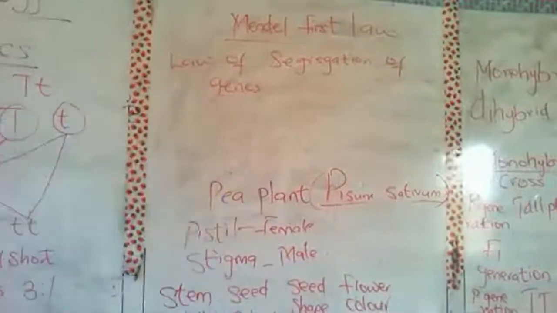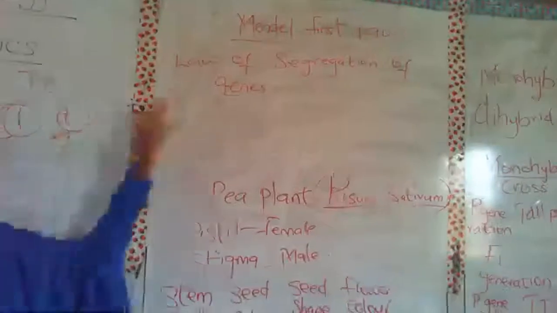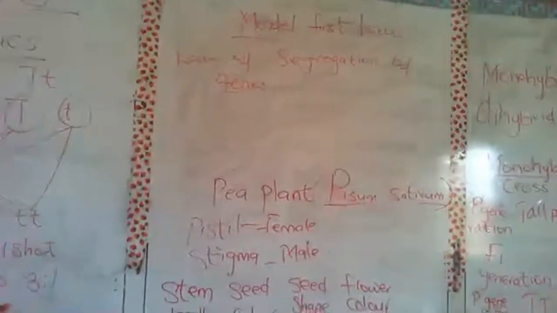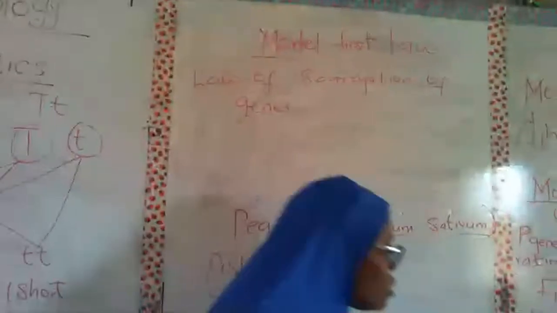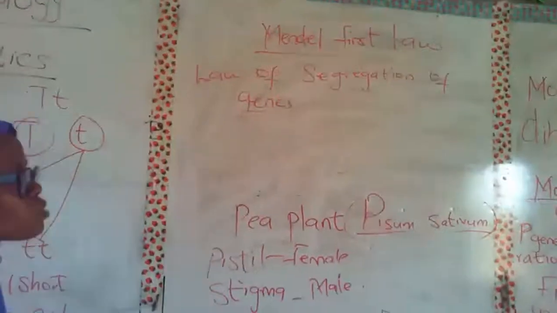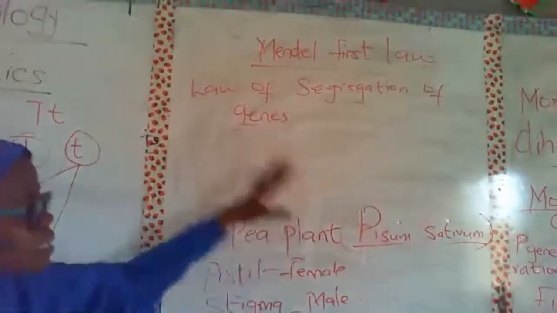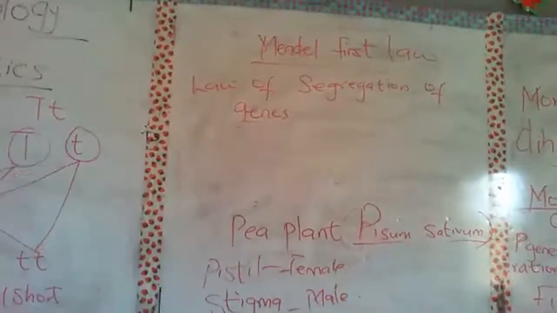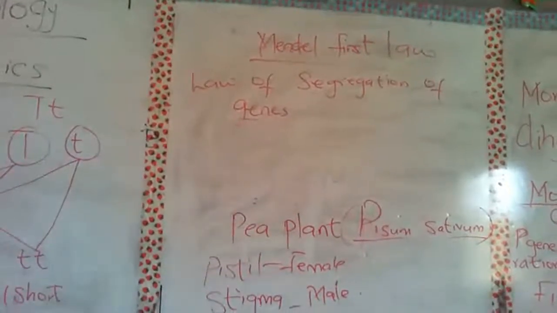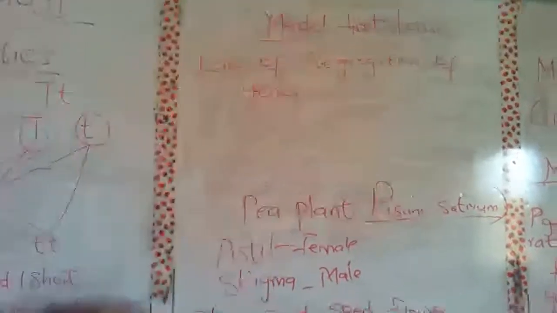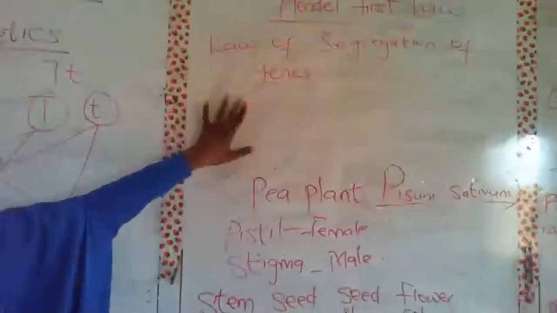So the law of segregation of genes states that a gamete inherits only 1 copy of the allele, and it is inherited independently. That is the law of segregation of genes. So that's the first law of genetics.